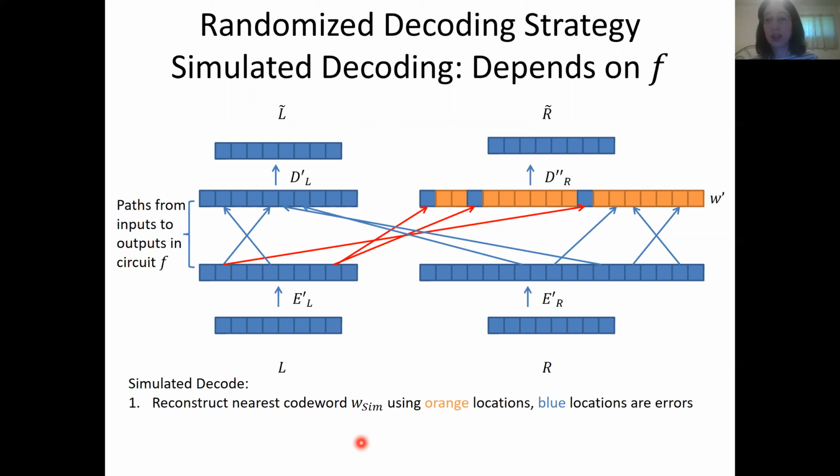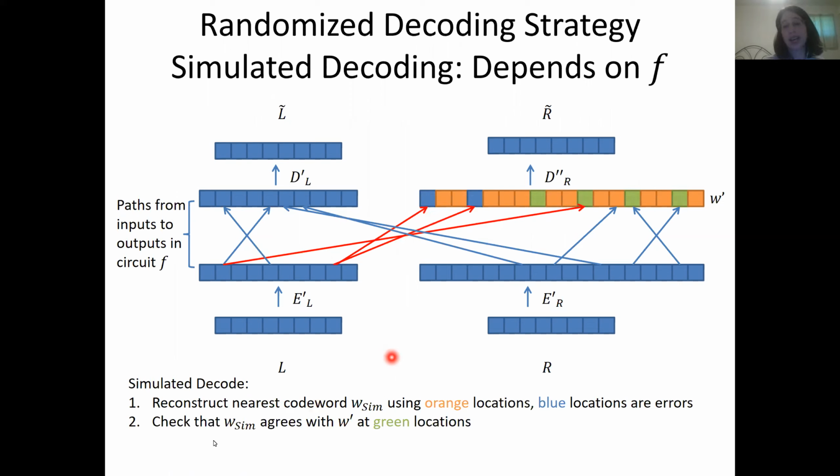In the simulated decode, we are only going to use the orange locations, which are the safe locations that have no incoming edges from the left, in order to reconstruct w sim. And the blue locations that have incoming edges, we're just going to treat them as errors, and we'll tolerate them because we are an error correcting code.